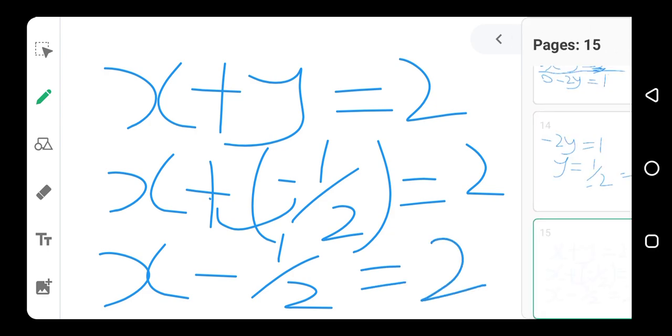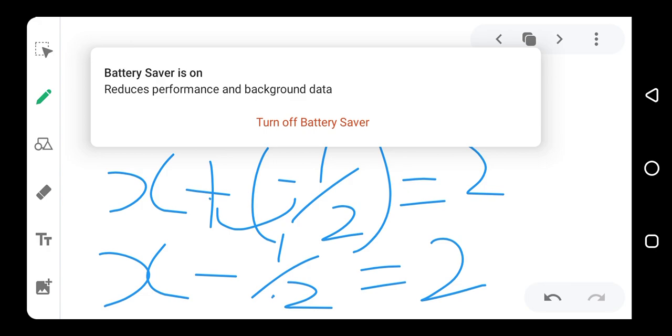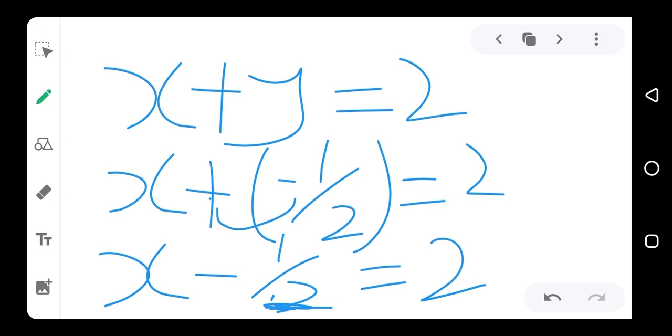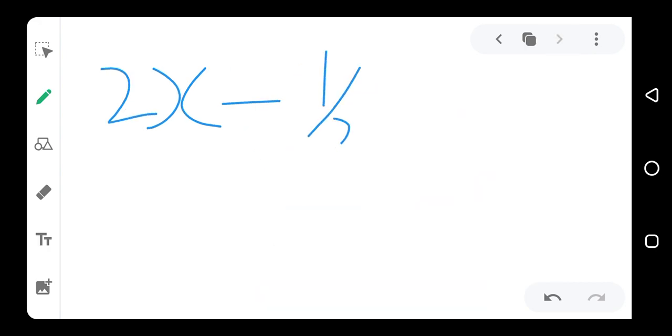Now we multiply through by 2, which is the denominator here. If we multiply through by 2, we have 2x minus 1 over 2 times 2 is equal to 2 times 2.